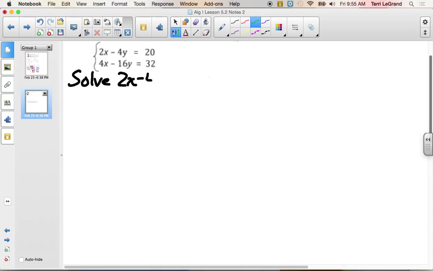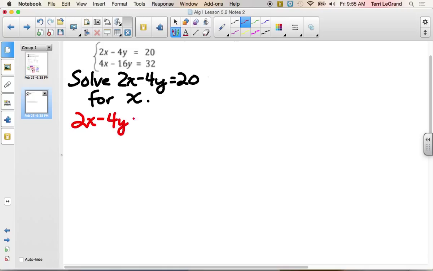2x minus 4y equals 20 for x. It's good for us to have in our notes. What were we doing? Like I tried to tell you guys to do your SQ3Rs, explain to yourself, what was I doing here? Okay, so we have 2x minus 4y equals 20. We want x alone. First move, add 4y.